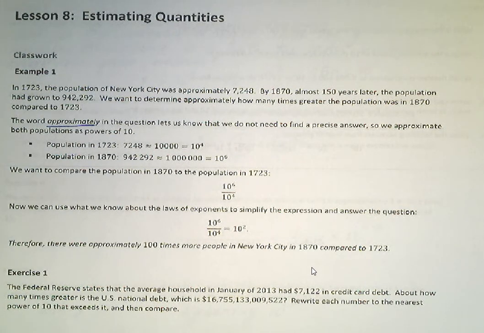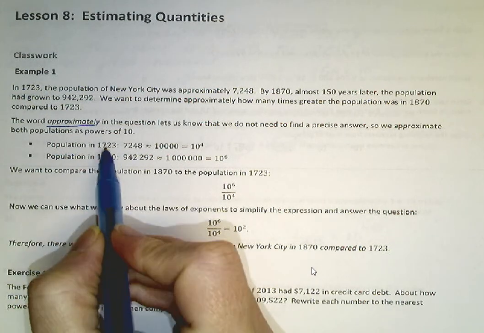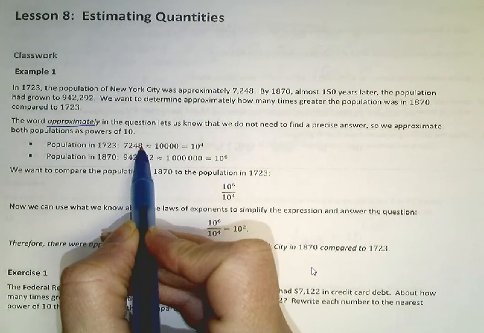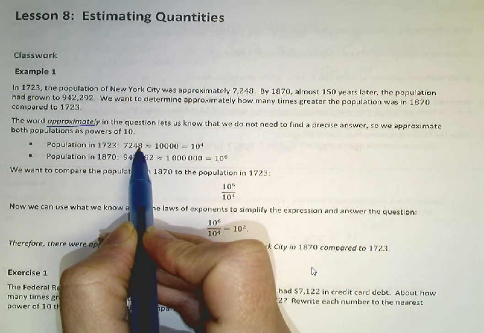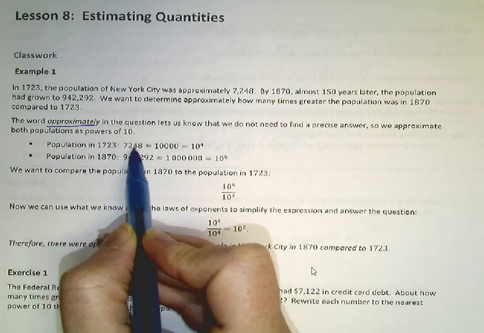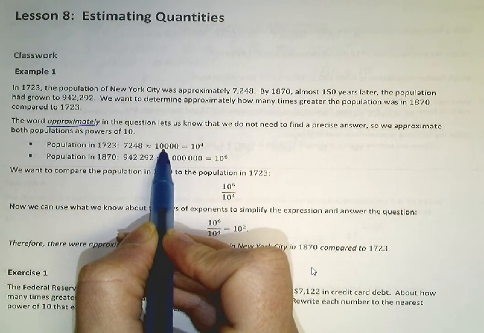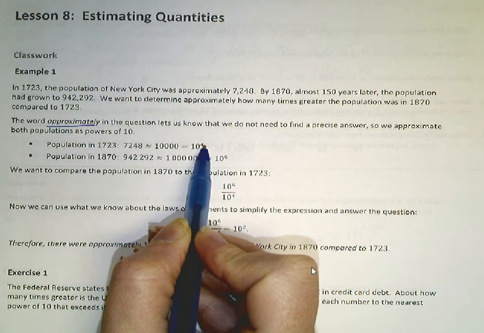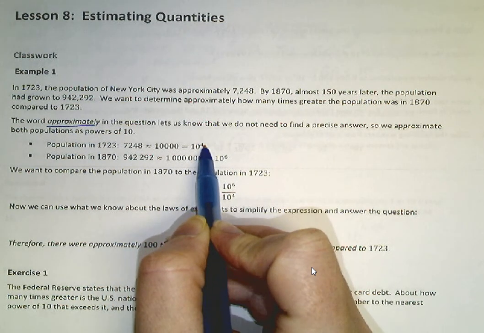So we just approximate to the powers of 10. That's all we do. The population in 1723 was 7,248, which is about 10,000, or 10 to the fourth. We are rounding to the power of 10.